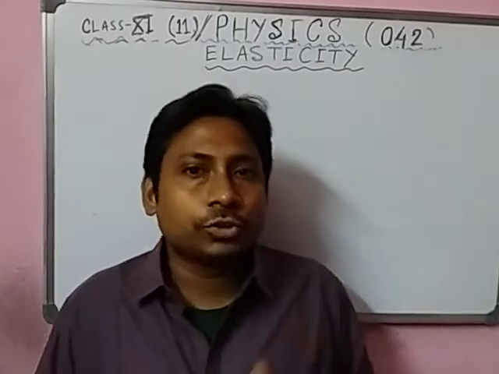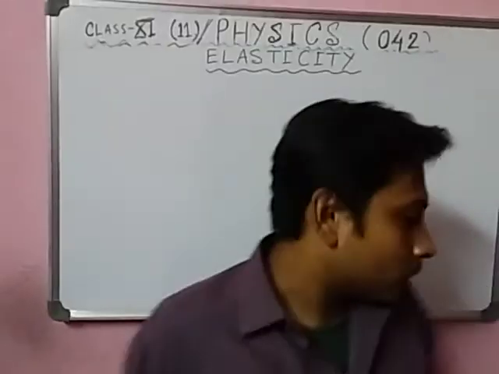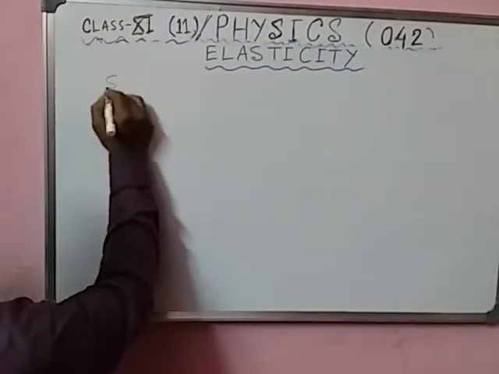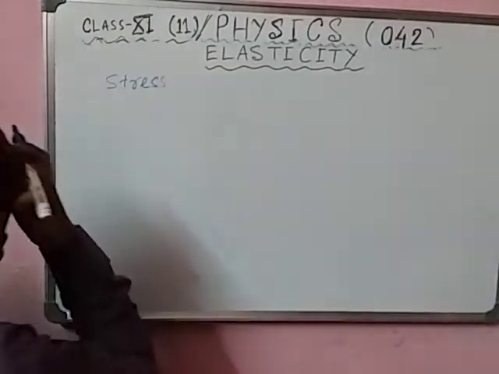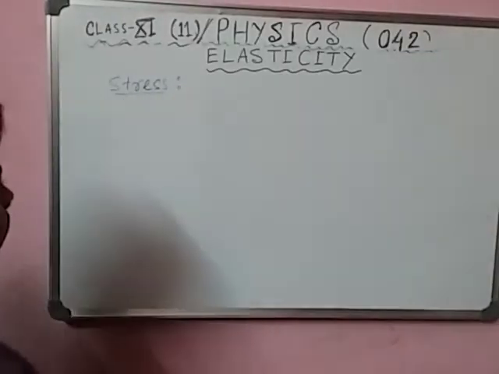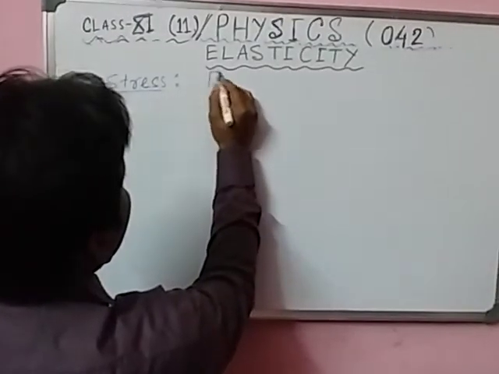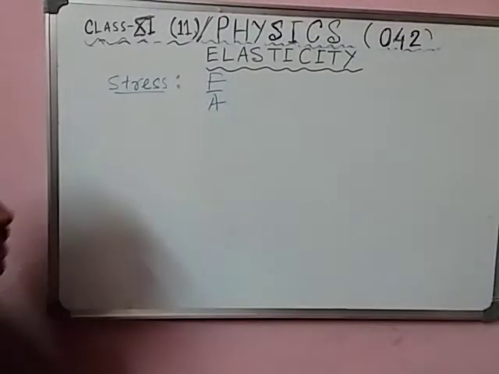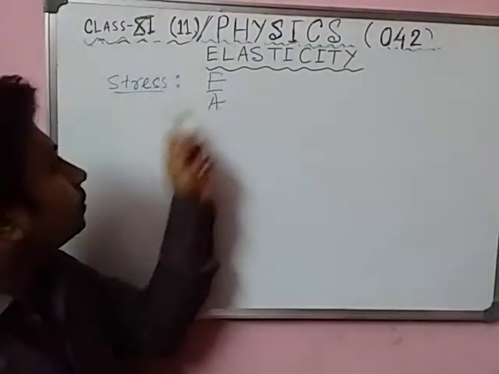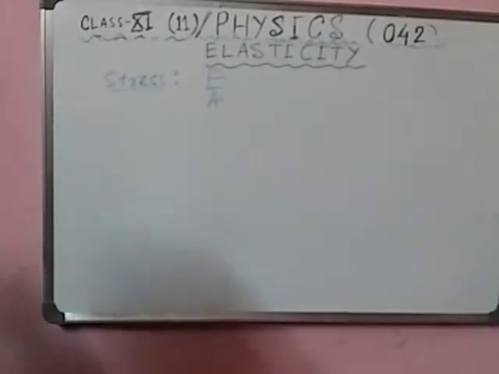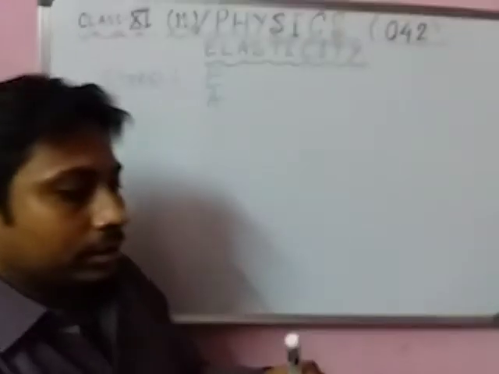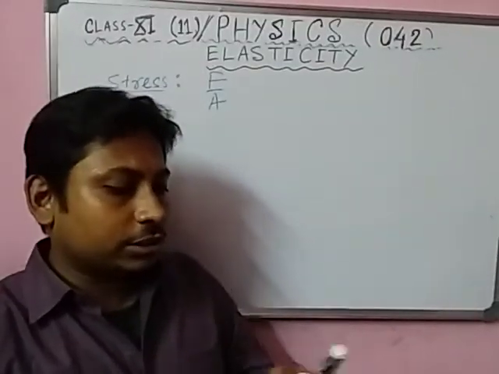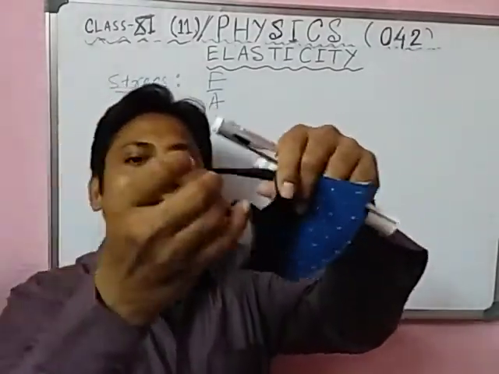Okay, so students, next your topic is Hooke's law. For that you have to know what is called stress. Stress means force by area. Here the force means the restoring force. This applied force is called the deforming force, by which we can deform the body.